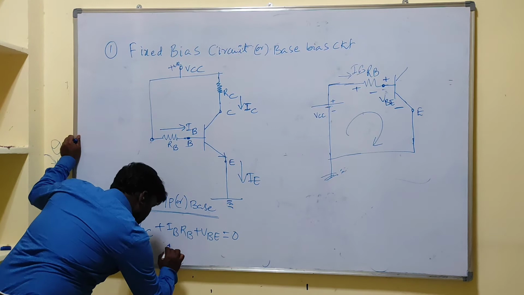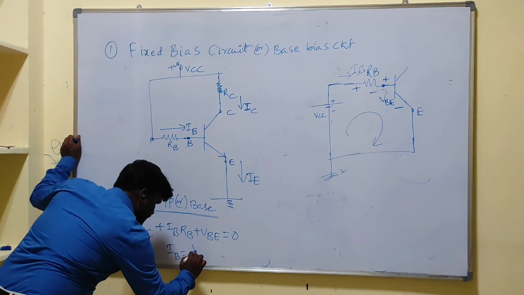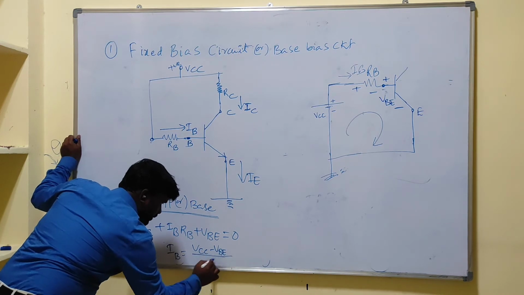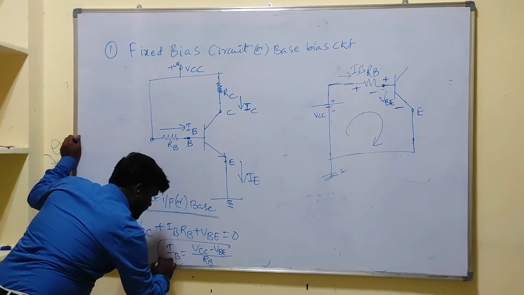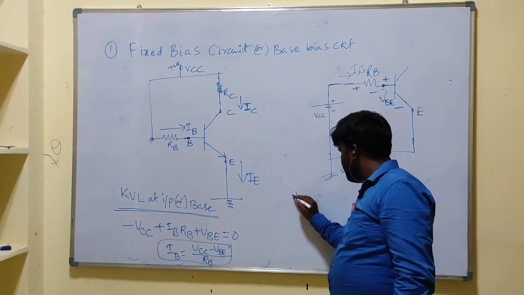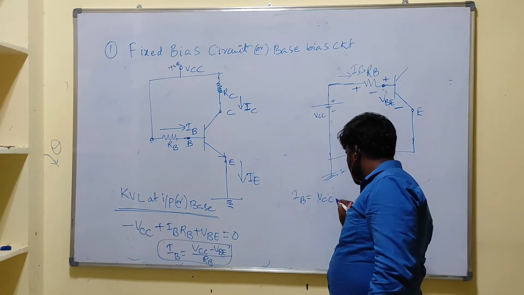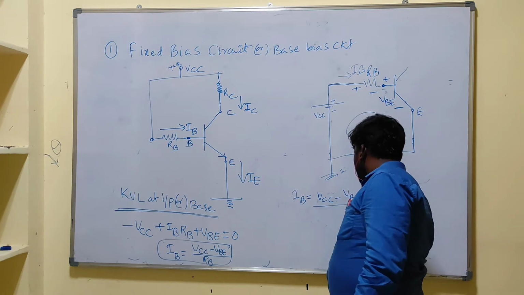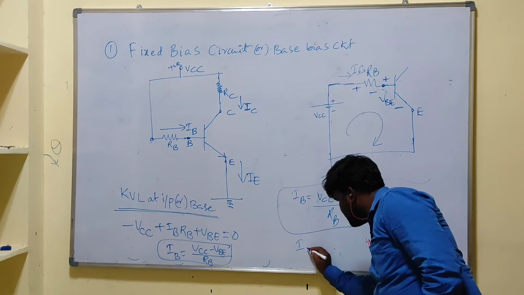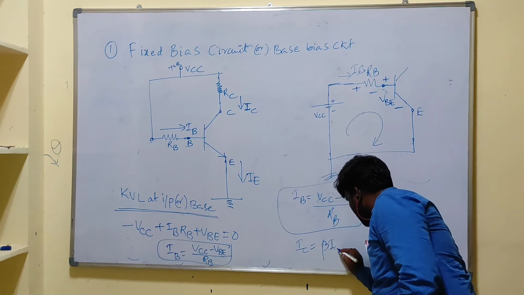In this case, we can find IB. IB equal to VCC minus VBE divided by RB. I will write this expression here. From this we can find IC. IC equal to beta IB approximately.